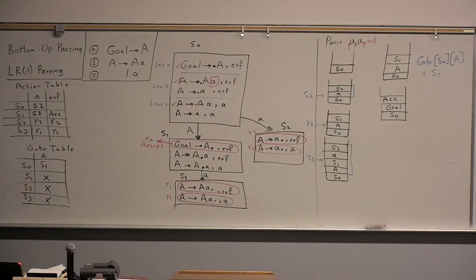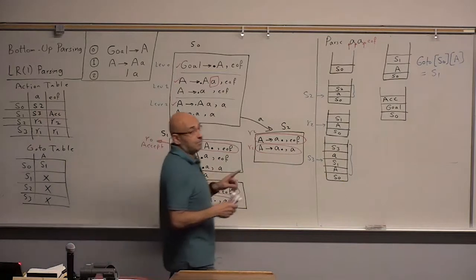Now, the base state that you use for lookup in the go-to table, where does it come from? Which state do you use to look up the next state in the go-to table? The state that you get after you pop. Yeah, remember that it's the state that you get after popping off.